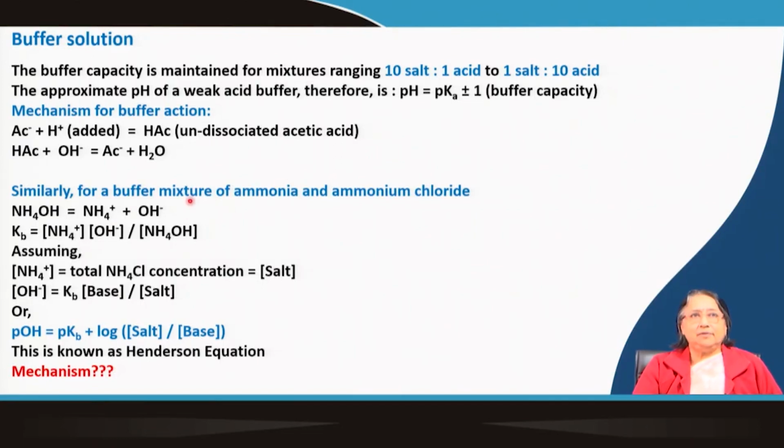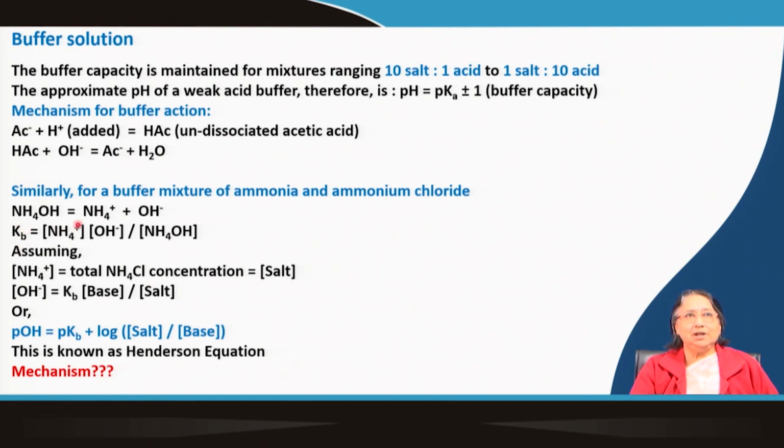Similarly, for an alkaline buffer mixture, I have taken the simple example of ammonia and ammonium chloride. Ammonium hydroxide is a weakly basic solution, so it will dissociate into ammonium ion and OH minus ion. So, we have to consider Kb in this case.